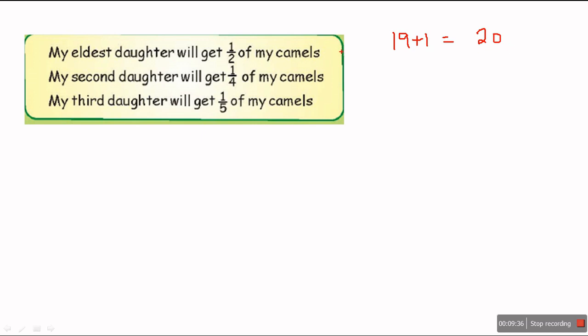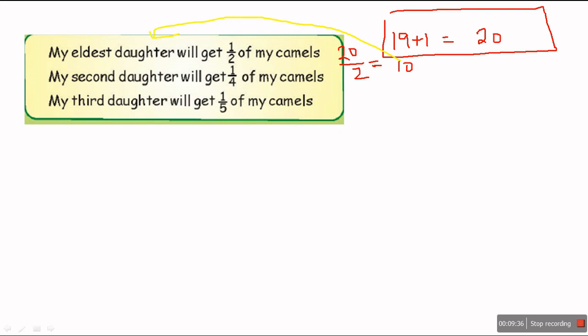The eldest daughter will get half of the camels. Half of 20, 20 divided by 2, means 10. So the eldest daughter will get 10 camels. The second daughter will get 1/4, means 20 divided by 4, that is 5.